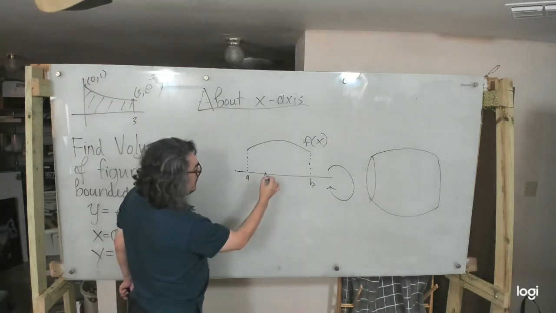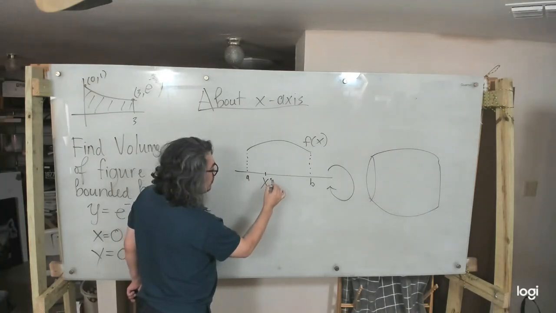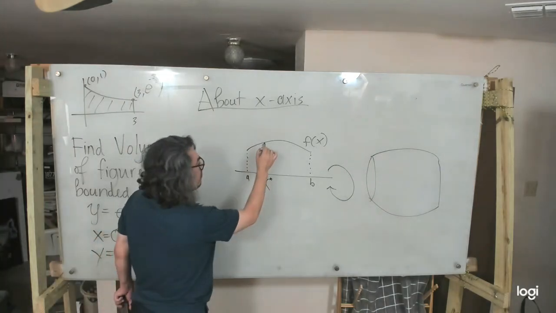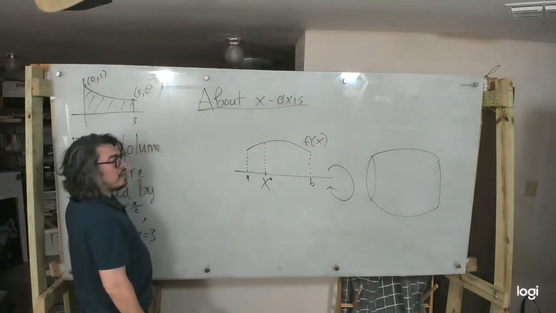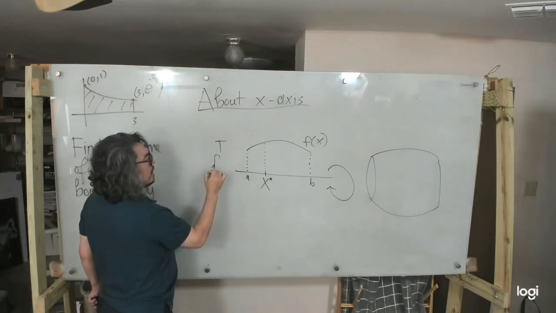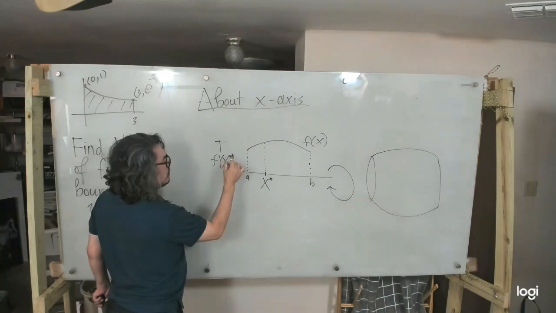What's going to happen is that if I slice it here at a particular value of x, which we'll call x star, without compromising our generality, and we think about this vertical distance here, then that vertical distance is the function value evaluated at that value of x star.